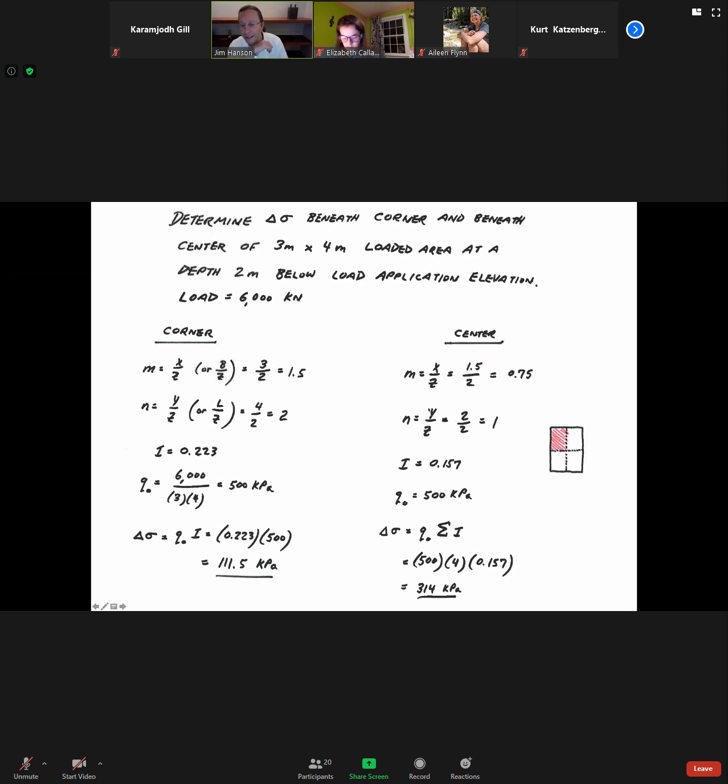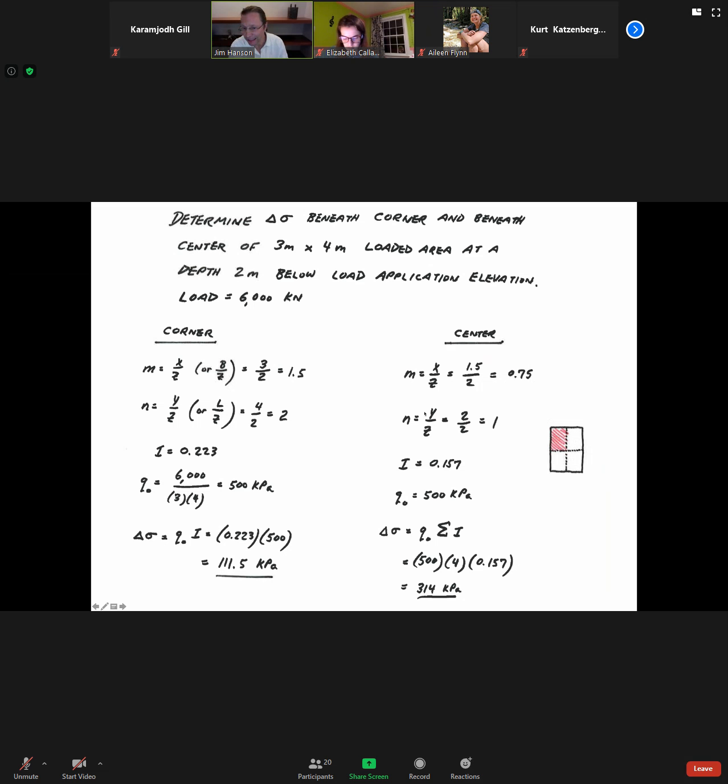But the idea here would be M is X over Z, or B over Z as we've called it. Now we're talking a half dimension here. The red rectangle is what we're quantifying. So 1.5 over 2, we're still interested in 2 meter depth, and that's 0.75.